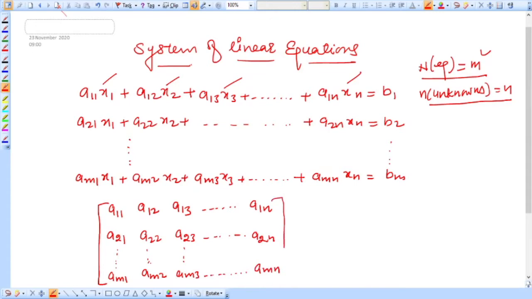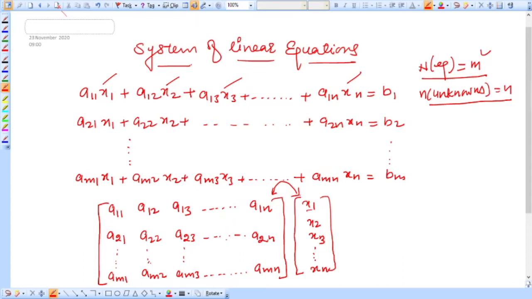And here is the column matrix of unknowns, x1, x2, x3 up to xn. If you multiply this matrix with this matrix, we get a11 x1, a12 x2, the same equations we have already written.